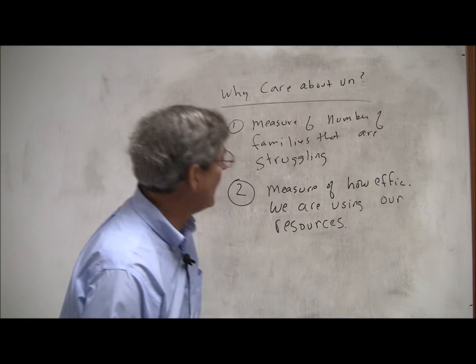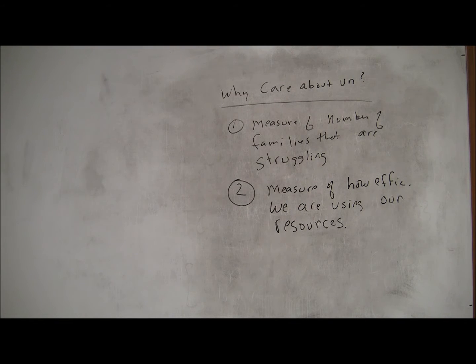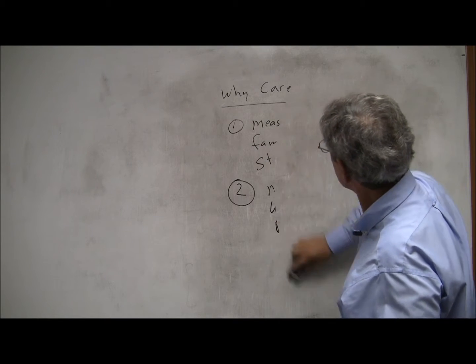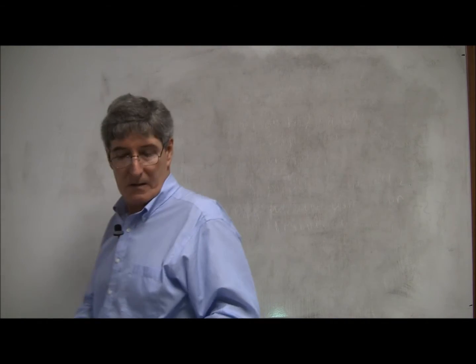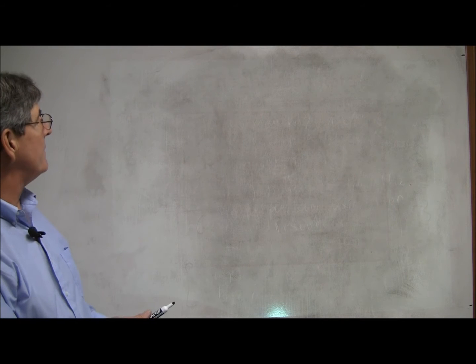Let me pull up a graph real quick and show you what the unemployment rate looks like over time. So I better get this off the board first. Take a second for it to come up here. So this is just a picture of the unemployment rate. We're going to have to get through the silly filter thing.